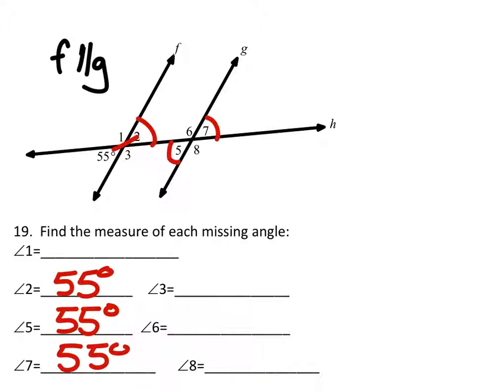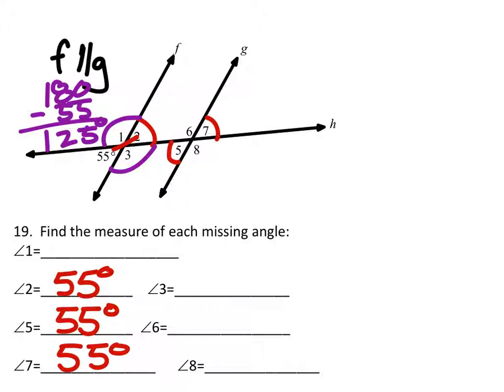The question, what is the value of these other angles? Well, if we can find the measure of angle 1 or 3, which has a straight angle or supplementary relationship with the 55 degrees, then we can find the other ones. We're going to take the 180, subtract the 55-degree angle, and what do we get out of that? 125 degrees.